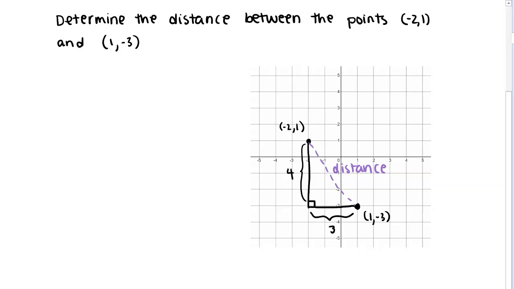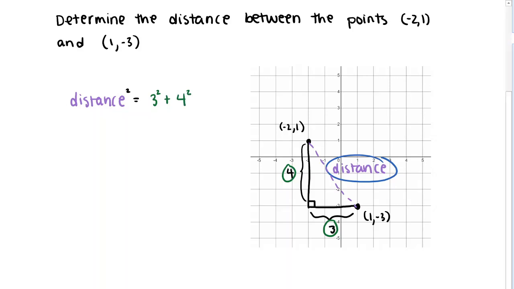Right, and so we know that this is a right triangle, so the square of the side lengths of the legs, when we add them together, we're going to get the square of the hypotenuse. Right, so our distance squared, well, this is going to be equal to 3 squared plus 4 squared.